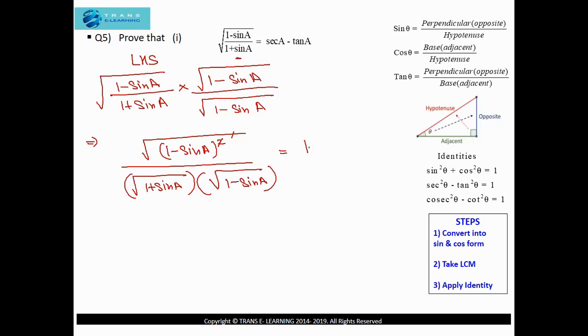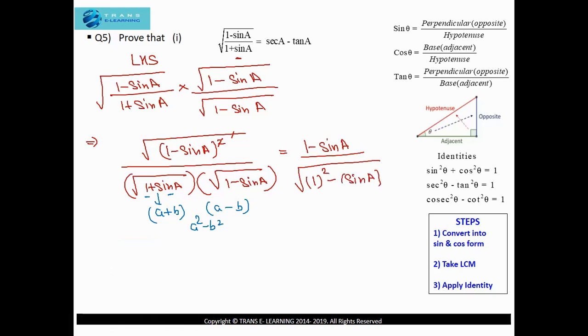So in the numerator we will get 1 minus sine a, and in the denominator we can apply the formula of a plus b into a minus b, taking a as 1 and b as sine a. So we can write this as a square minus b square. Now the denominator will become square root of 1 square minus sine a whole square.